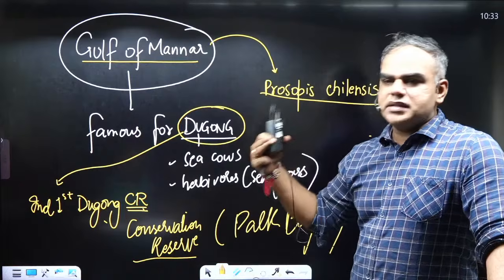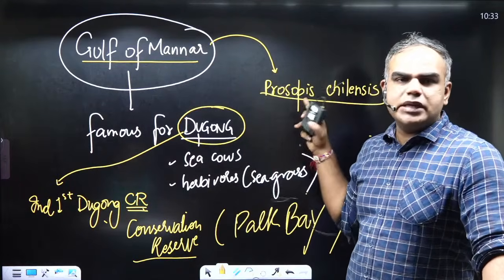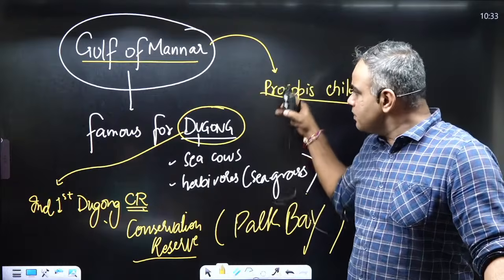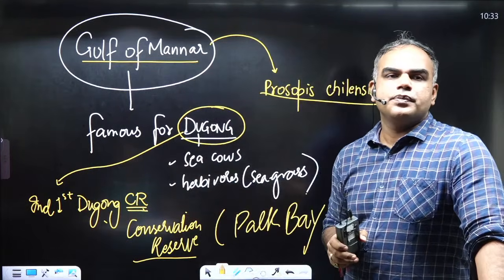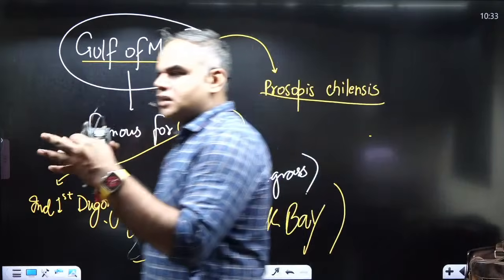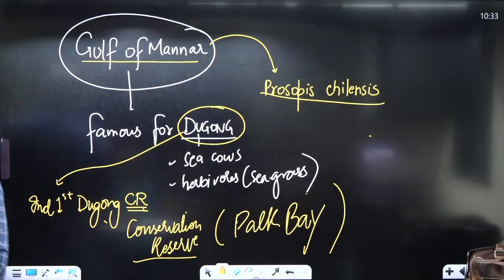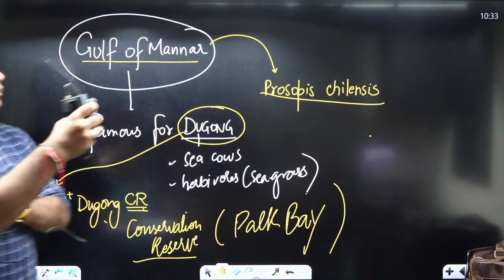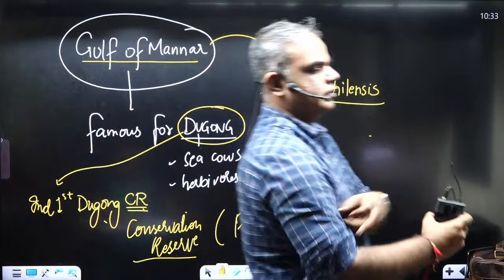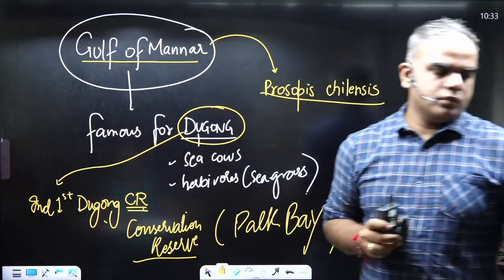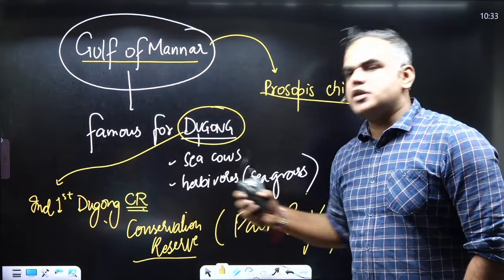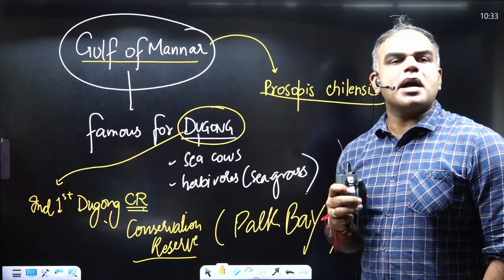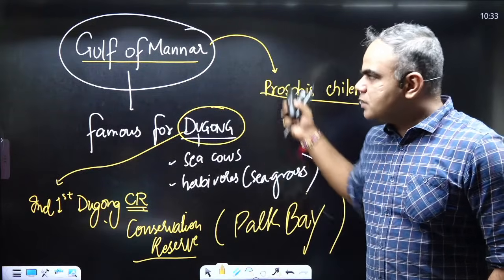Every point has a reference. If I tell you this independently, you will not remember it. But whenever I tell you this, I'll also tell you this. That is how we cluster information. As we move along, I'll also tell you what a conservation reserve is, whether it has legal backing or not, etc. All these terms we'll go into.